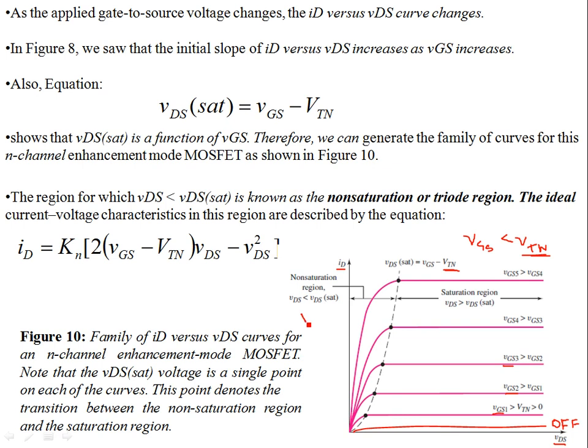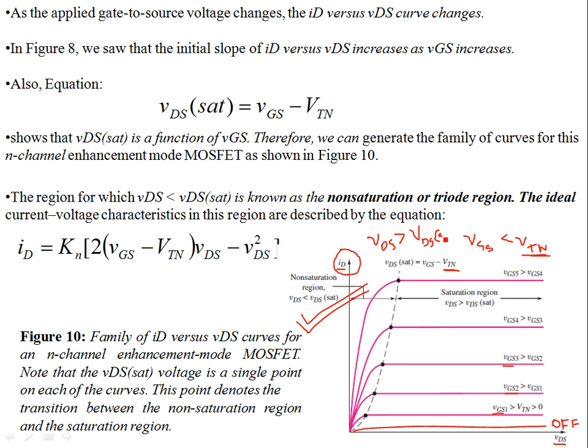One way is if you have the graphs: you evaluate ID, the current flowing from drain to source, given whatever the drain source voltage is. Let's say your VDS is in the saturation region, so that the applied VDS is greater than VDS sat.